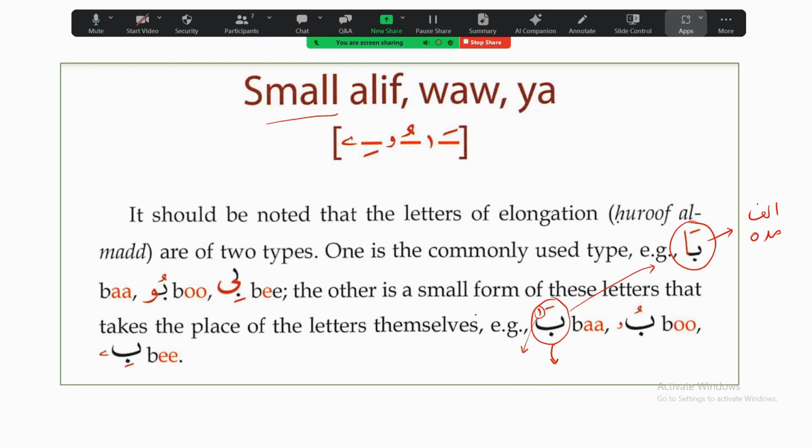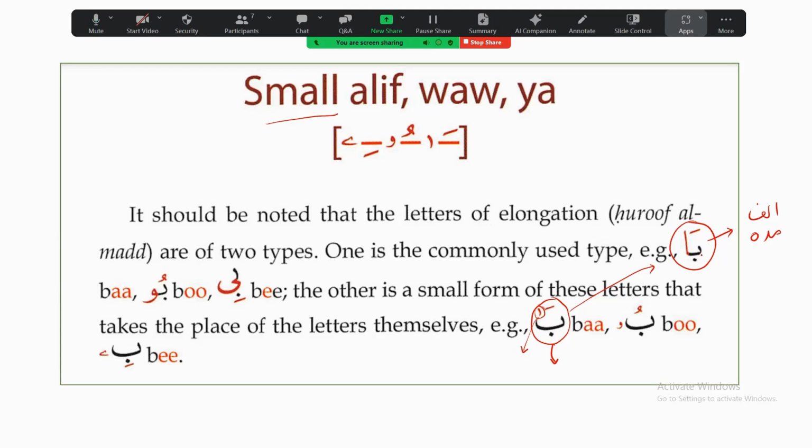All of these names refer to this symbol. We articulate this in the same manner: we stretch the sound for twice the normal haraka of fatha, and we said ba rather than ba.